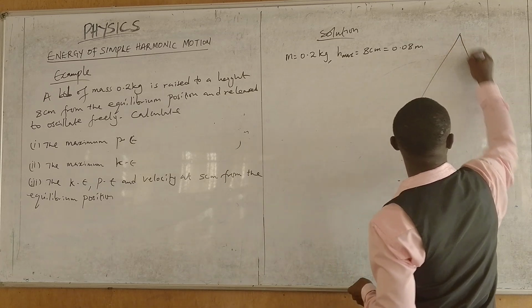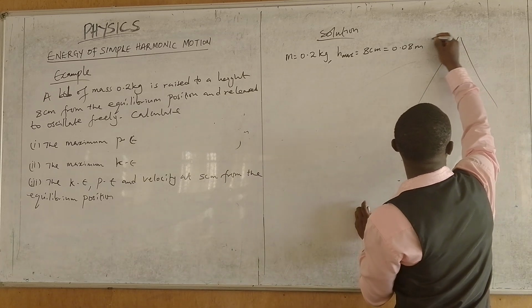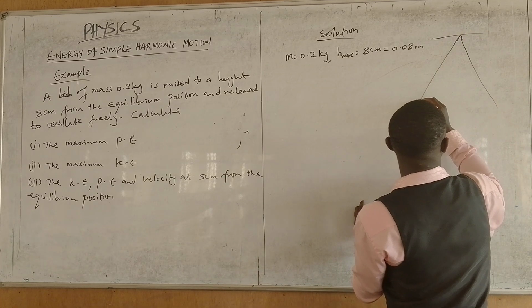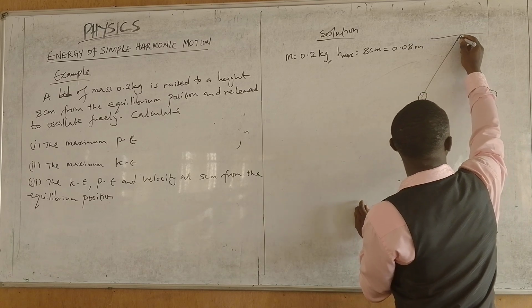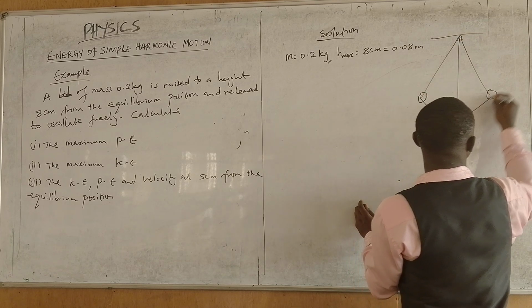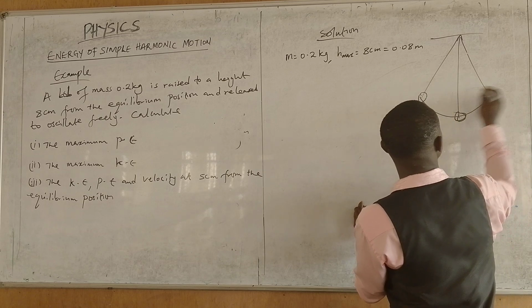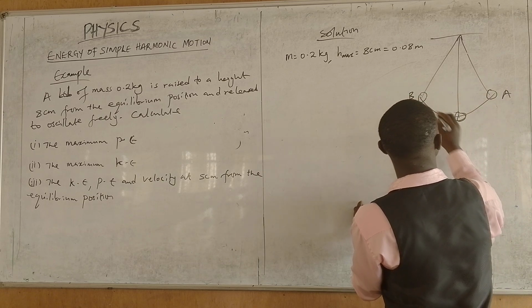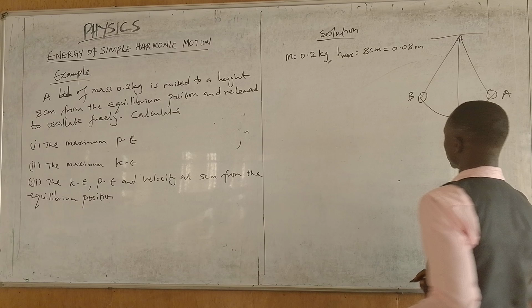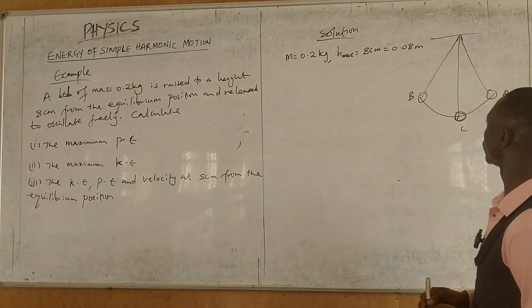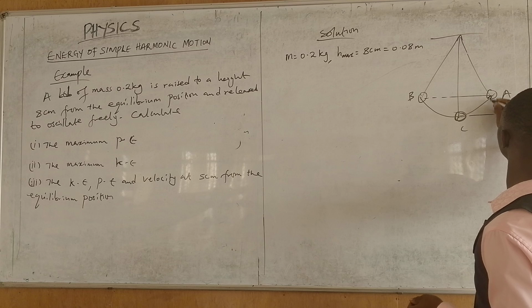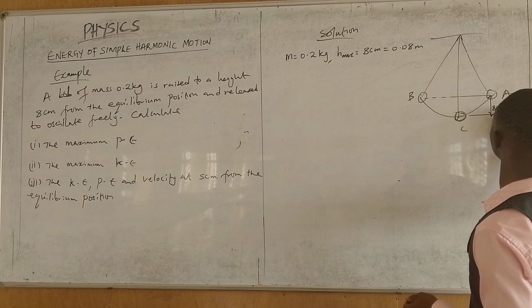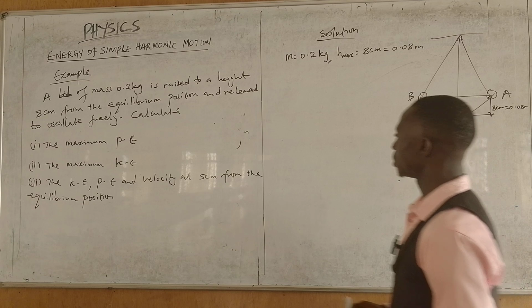So we have something like this: this A, this B, and this C. This height from here to here is 8 centimeter, which is 0.08 meter. So it's been released from there.